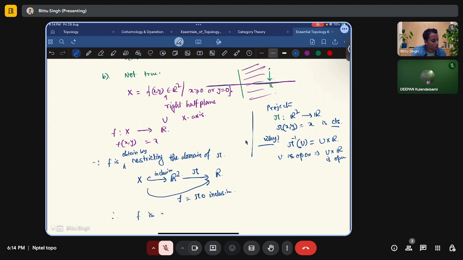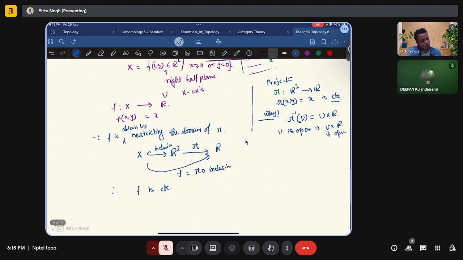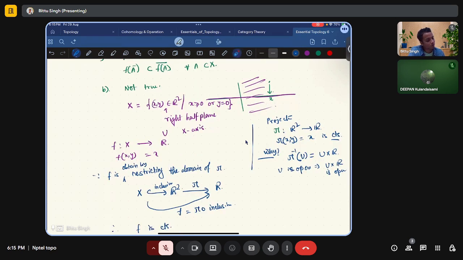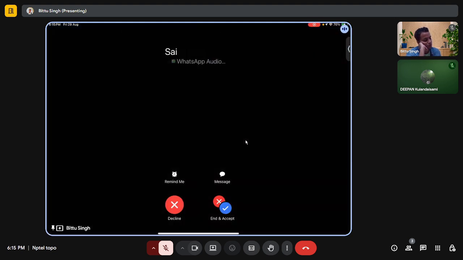But we can observe that f is not open. Why? F is not an open map. Why? Because if we take this open set, this was also done in the previous class.